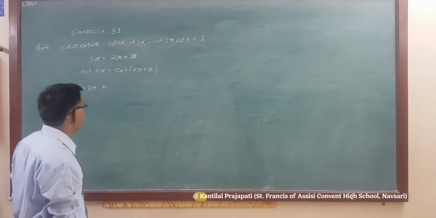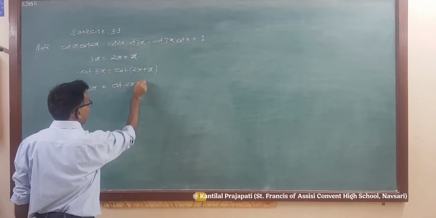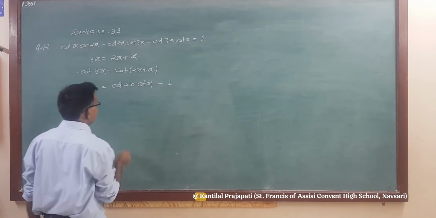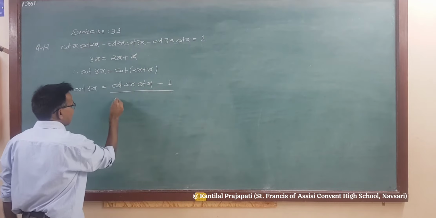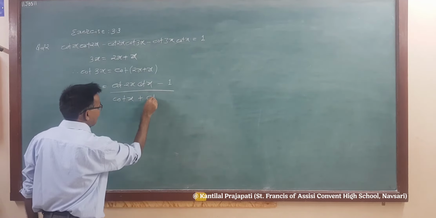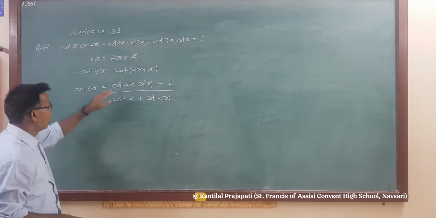So what is it? Cot 2x into cot x, here plus sign and get minus sign here, divided by cot x plus cot 2x.